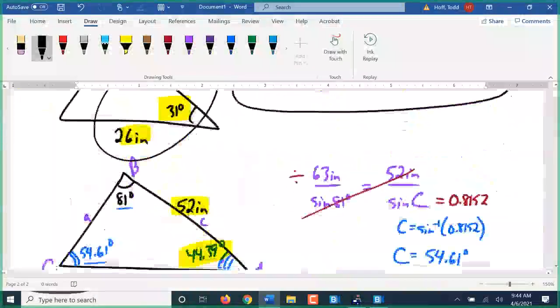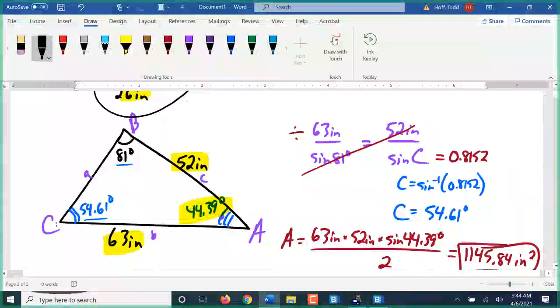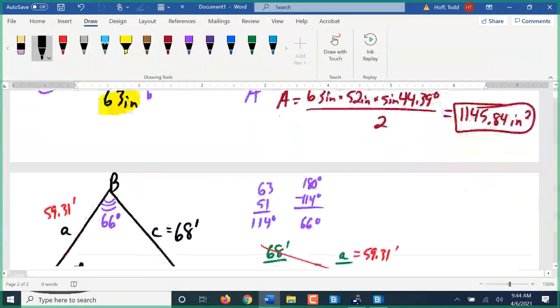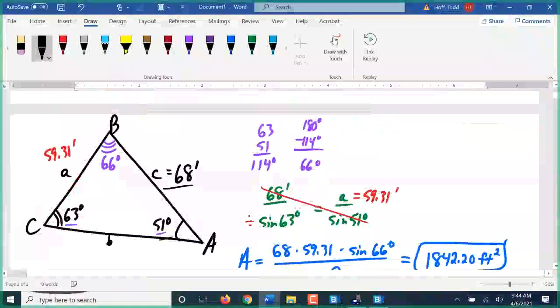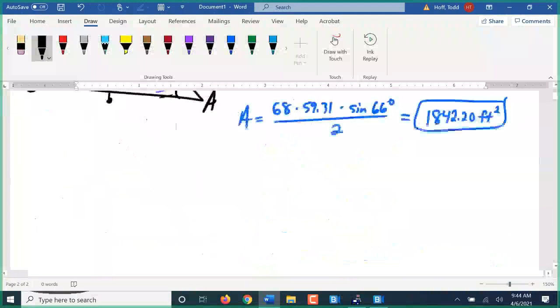Any other combination falls into one of two categories, where we either still have two sides but not the angle between them, and we use the law of sines to find those other angles, or we only have one side and two angles. In this case, again, we use the law of sines to find the second side so we can apply the formula.